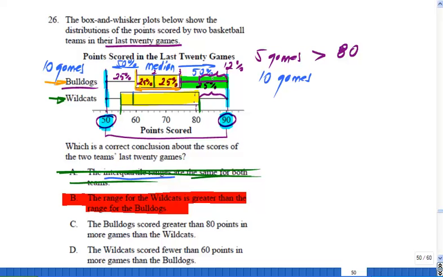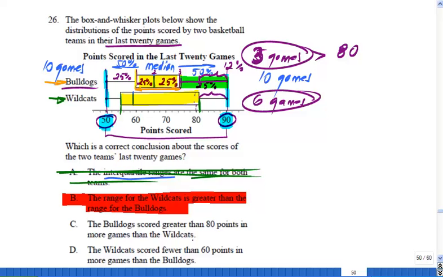This green whisker is 5 games. Half of that will be about, let's say, 3 games. So it'll be 3 games for the Bulldogs with a score of 80 or greater, while for the Wildcats I got more than 5 games. I may say 6 games with a score of 80 or greater.